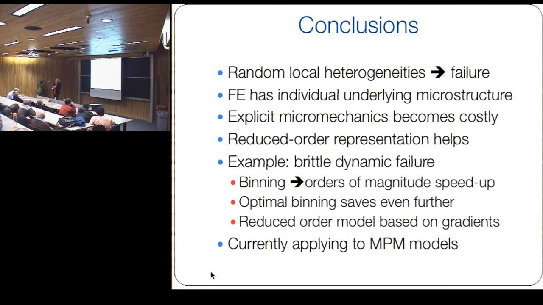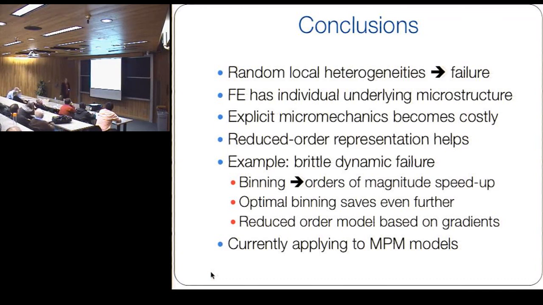The punchline is random local heterogeneities are associated with failure. We have to deal with them. Each finite element we can think of as having its own associated underlying lower scale structure. You could do a lower scale analysis for each finite element, but quickly you start asking the question, well, why didn't I just do a huge finite element model that has all of the microstructure in it?